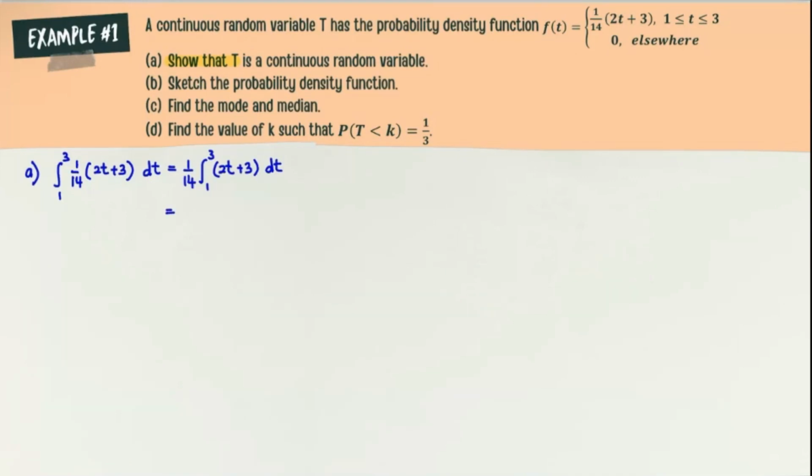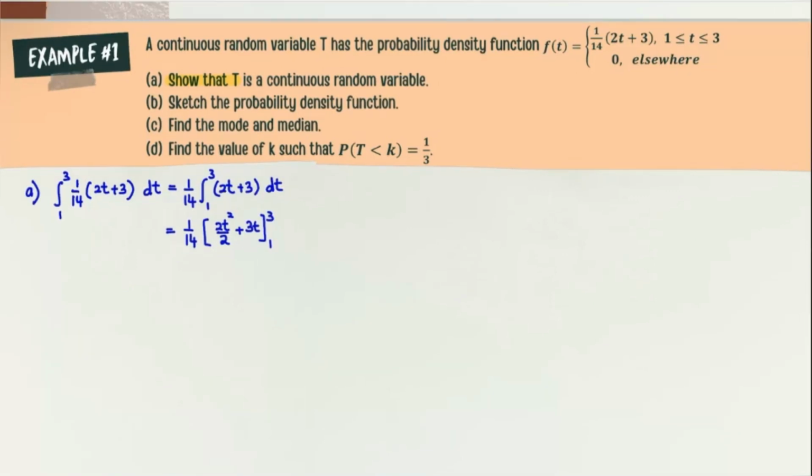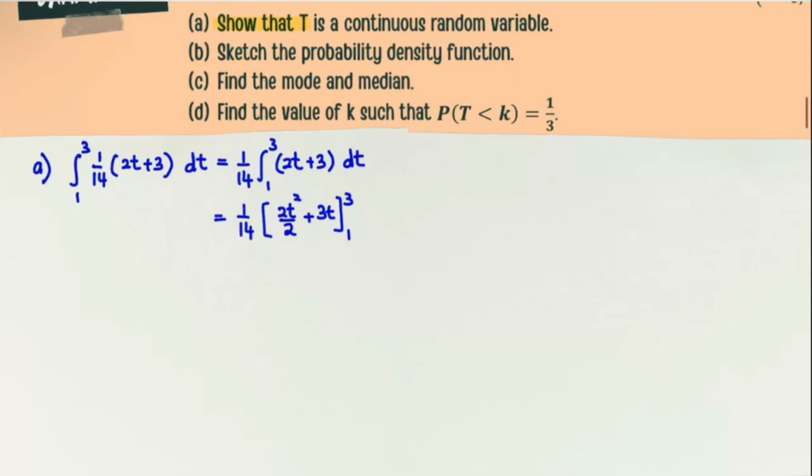Okay, so the answer will be, integrate kita buat apa? Power akan tambah 1 kan? So 2t squared over 2 plus 3t. Dan tutup bracket, letak 1 hingga 3. Ingat lagi integration ini. And now kita masukkan nilai dia. So 1/14.